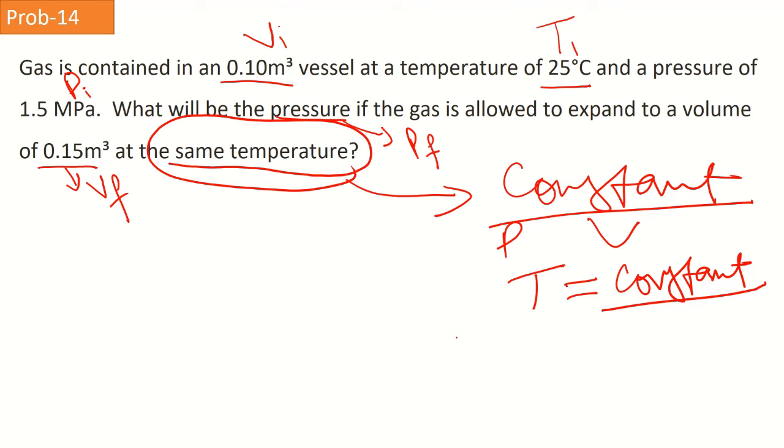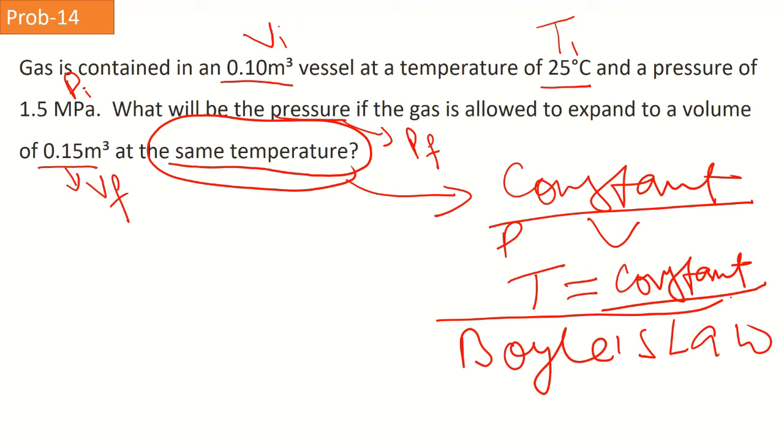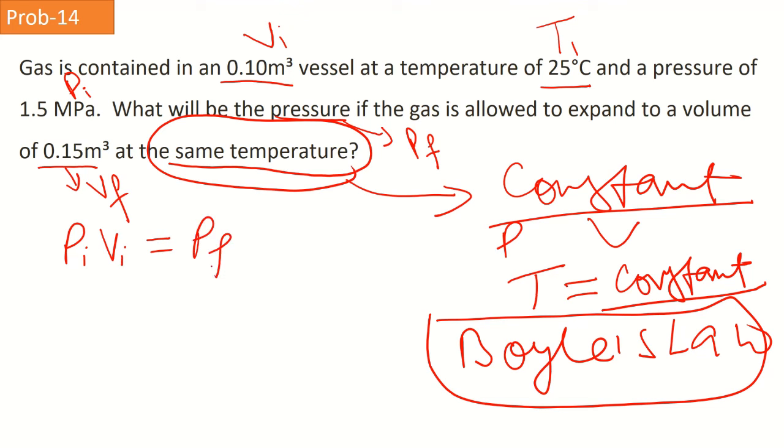The rule we have to use is Boyle's law, because in Boyle's law the temperature is constant and the pressure and the volume are changing. The Boyle's law rule is Pi Vi equals Pf Vf.